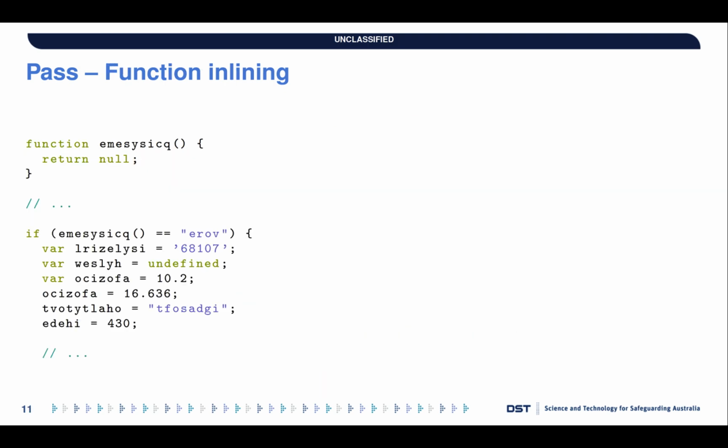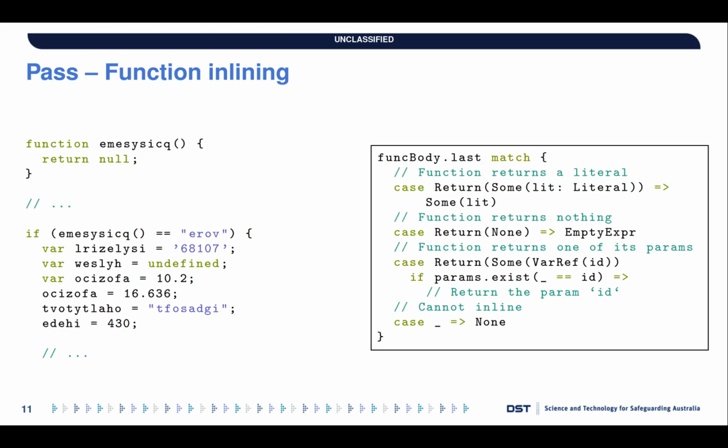So what other kind of compiler optimization techniques can we apply? You may have noticed in the original piece of beautified malware that there were many functions that only returned a single value. We can replace the calls to these functions with the value that these functions return. This is function inlining. And again, in SAFE and in Scala, we can write these rules quite succinctly and nicely as follows.